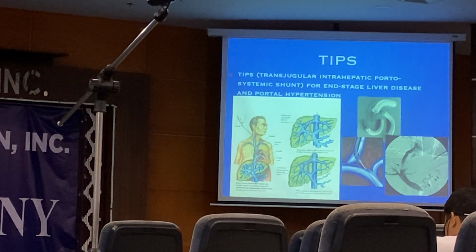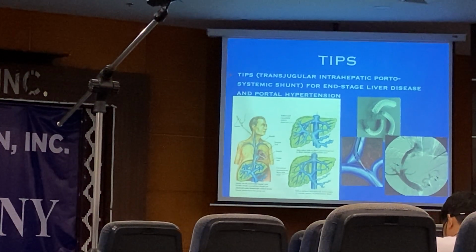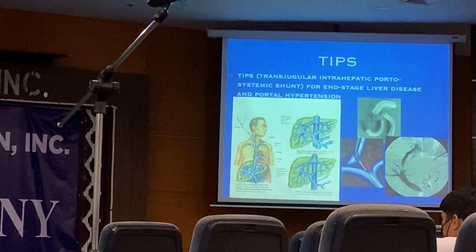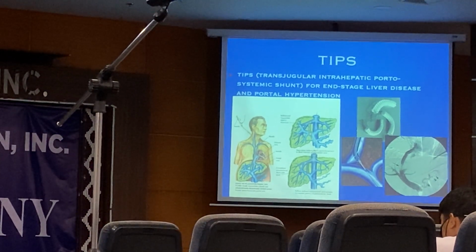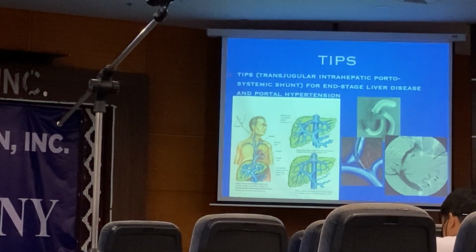So there will be a shunt now from the portal vein going to the hepatic vein. So you decrease the pressure in the portal systemic circulation. So at least you will relieve this patient from portal hypertension, decrease the possible chances of bleeding from the esophageal varices, and you can control as well the ascites.